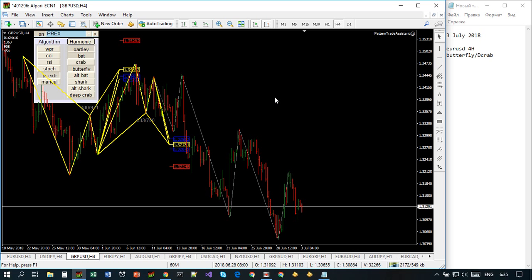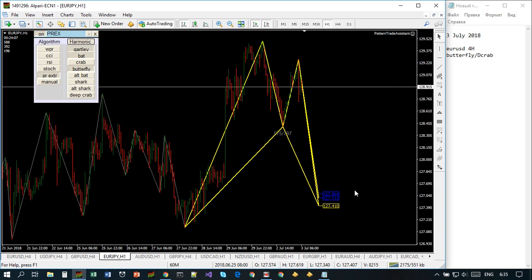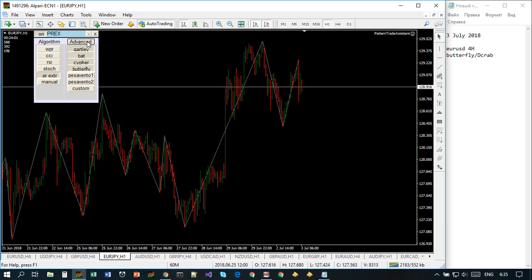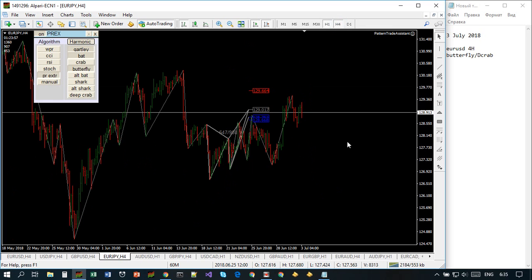Okay, nothing here yet on Pound-Dollar. Euro-Yen: on Euro-Yen we have this bad harmonic pattern on 1-hour, a potential bad harmonic pattern, and based on the advanced approach we have nothing. If we switch to 4-hour, nothing is setting up.